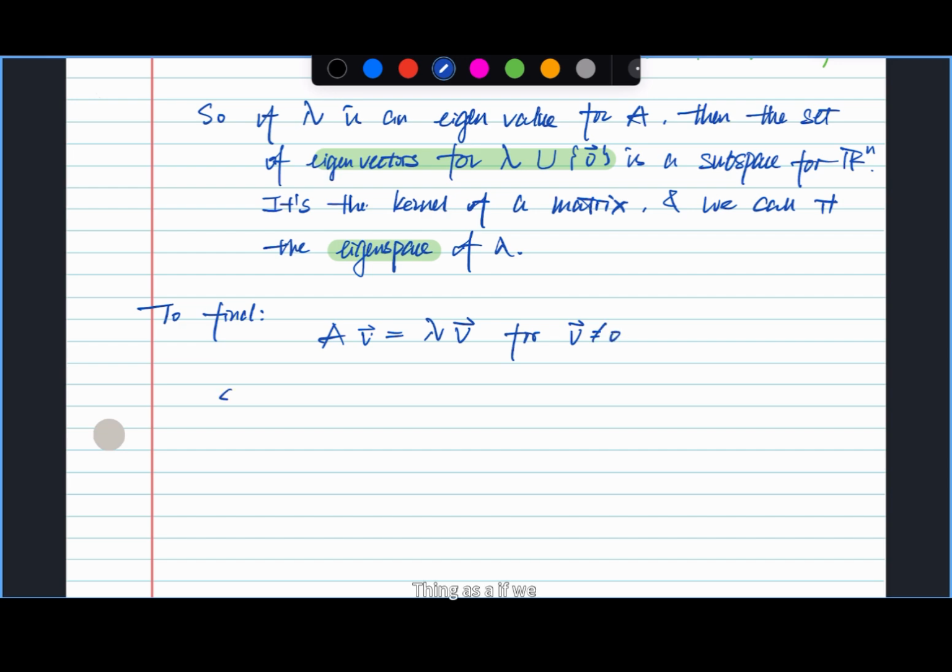And that is the same thing as A minus lambda I, multiplied by v, equals the zero vector, again for v not equal to 0.